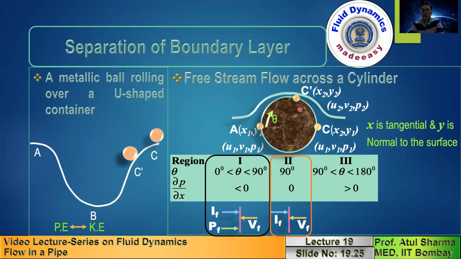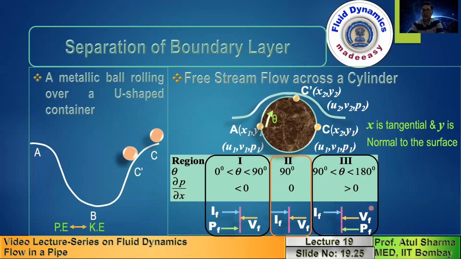Now, when you go to 90 to 180 degrees, when you have an adverse pressure gradient, as I mentioned, the inertial force always acts in the positive direction, viscous force always acts in the negative direction. However, when you go from favorable to adverse pressure gradient, note that the direction of pressure force reverses. So here, favorable pressure gradient is in the forward direction. When it becomes adverse pressure gradient, the pressure force is in the negative x direction.